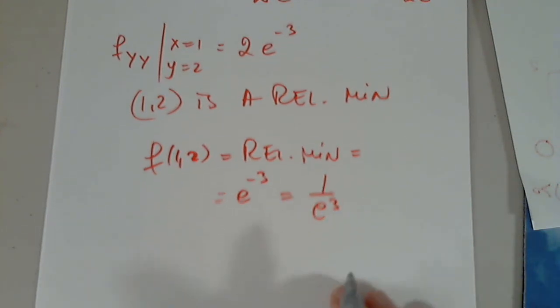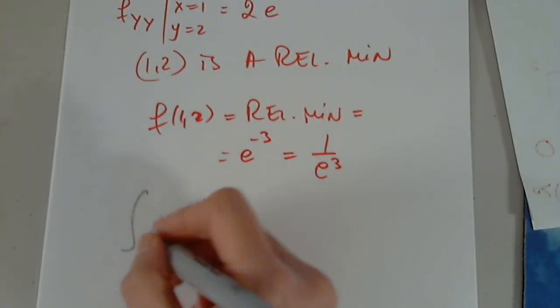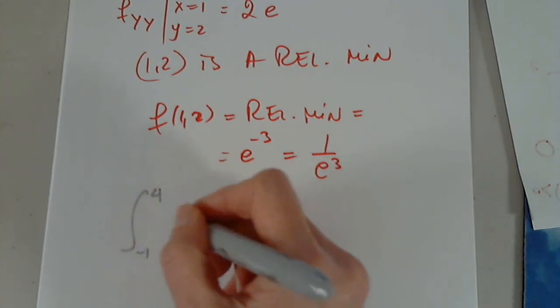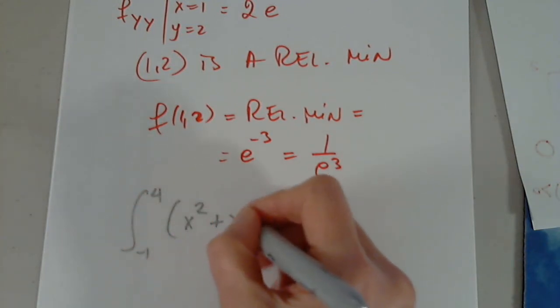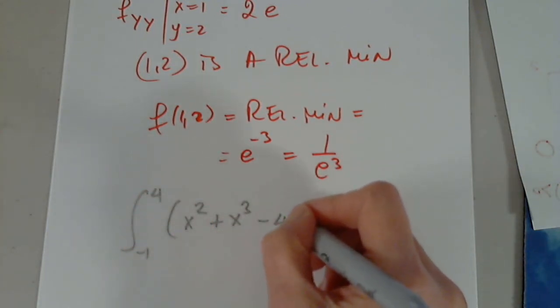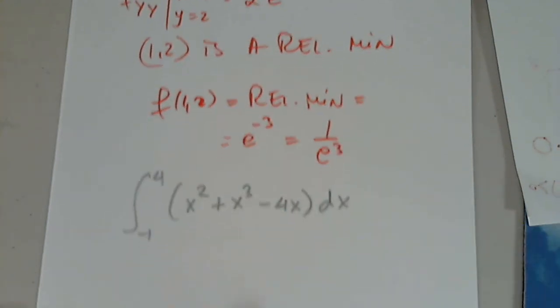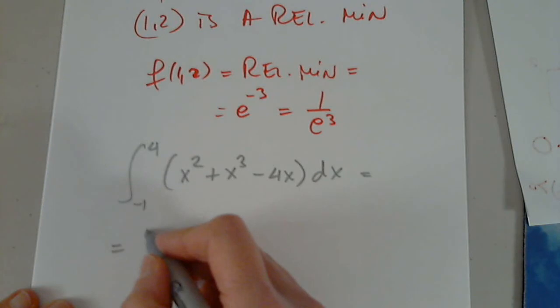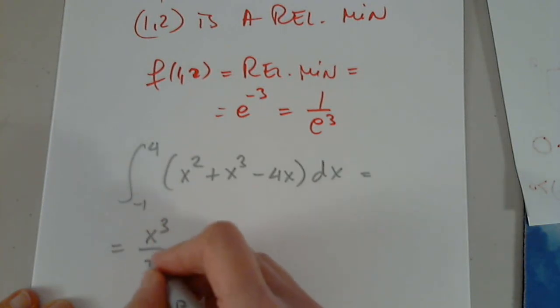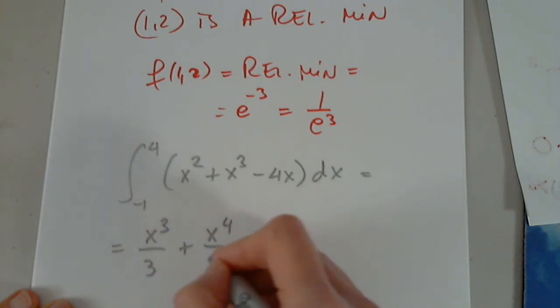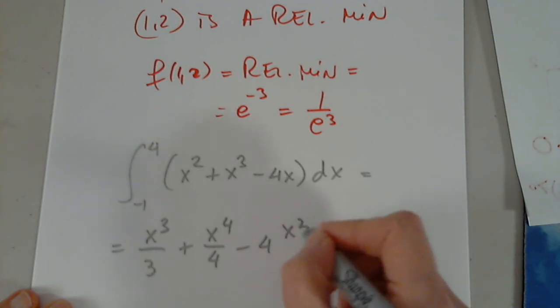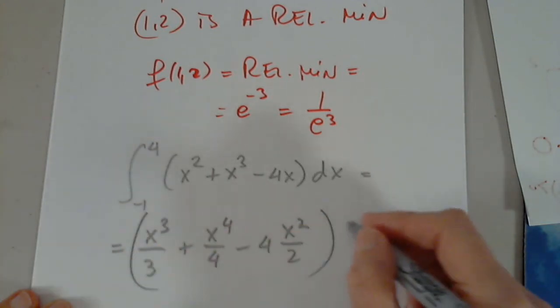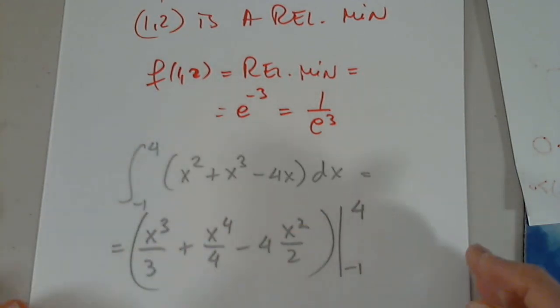Sure. So let's say the integral from -1 to 4 of x squared plus x to the 3rd minus 4x dx. We find the antiderivative, which is x to the 3 over 3 plus x to the 4 over 4 minus 4x squared over 2, and from -1 to 4.